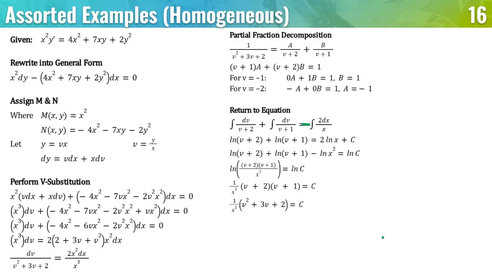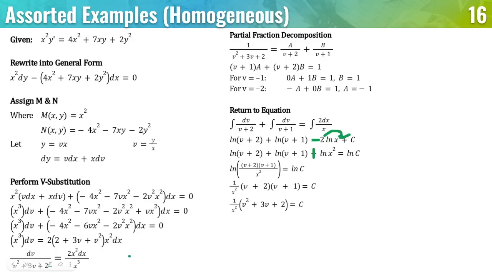So all of this simplifies to ln, since this is a linear function with no coefficient. So it's just ln v plus 2. You can skip the u substitution if you want. So this is negative 2 ln x. This becomes positive ln x. And then the 2 gets moved to the exponent.